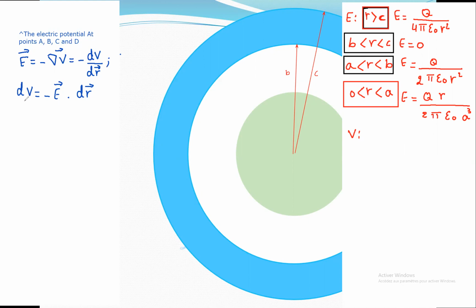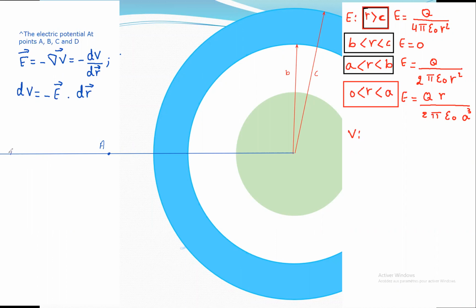We have to understand very well the meaning of each term. dV is the difference of potential between 2 points. If I want to calculate the potential at the point A, we have to take a difference of potential between A and another point.